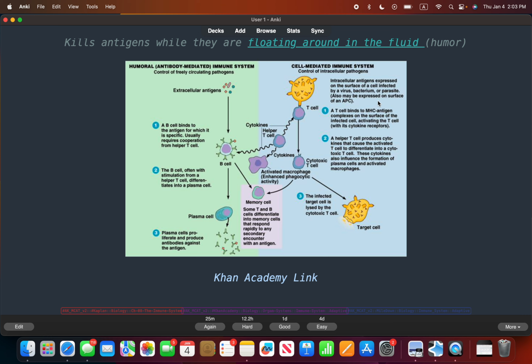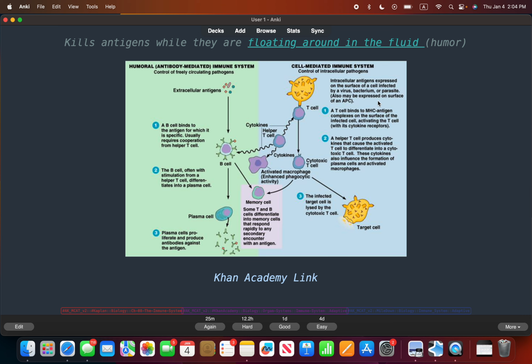And then the second step is that a helper T cell produces cytokines that cause the activated T cell to differentiate into a cytotoxic T cell. These cytokines also influence the formation of plasma cells and activated macrophages, and then the infected target cell is lysed by the cytotoxic T cell.